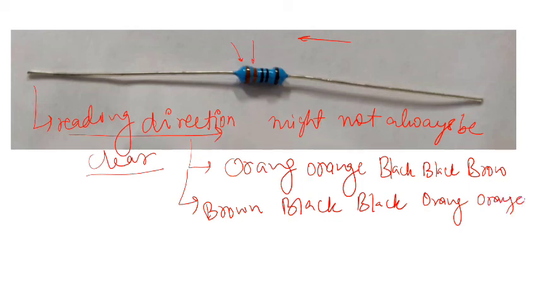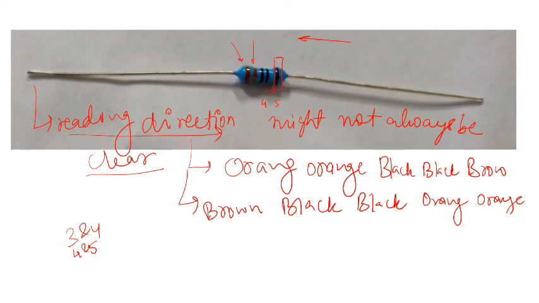In that case, the gap between the 4th and 5th band generally gives away the direction of the reading. You can clearly see here that the tolerance band is a little bit far away from the rest of the bands, which means that this increased distance between the 4th and 5th band will always give you the direction of reading.